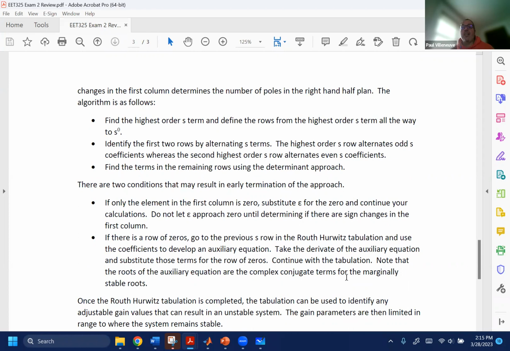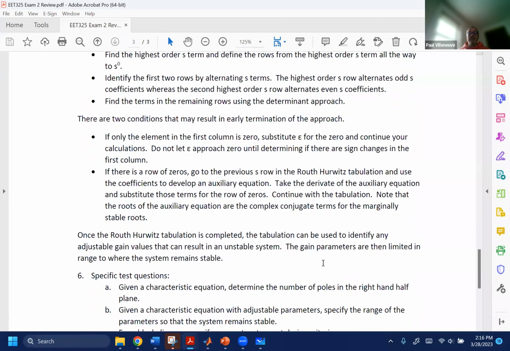So you can complete your Routh-Hurwitz approach and not have any poles in the right-hand half plane, but this case will tell you that you have a marginally stable system. You have poles on the j omega axis. And then once you have that, you can adjust the variable gain value that you have so that your system can remain stable.